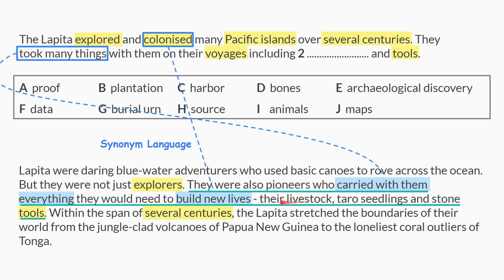Well, it says that right here, livestock. They took livestock. But it doesn't say livestock anywhere over here. What about taro seedlings? Nope, doesn't say that either. What I do see is this word, animals. Well, that is synonym language for livestock. So the correct answer is going to be livestock.